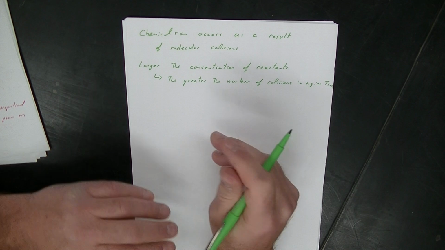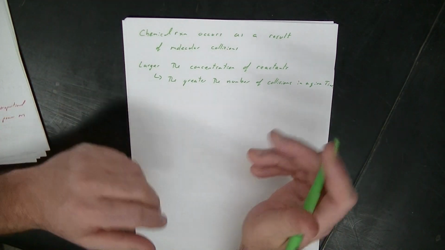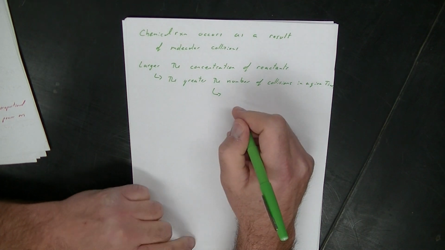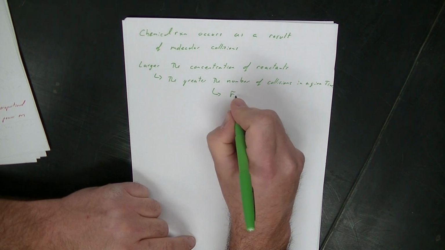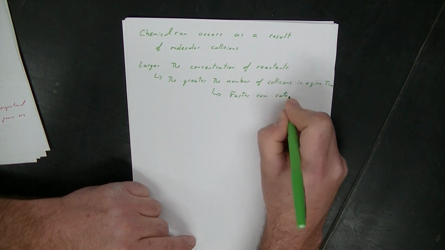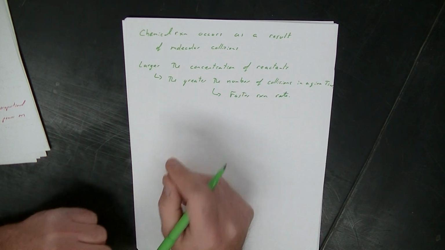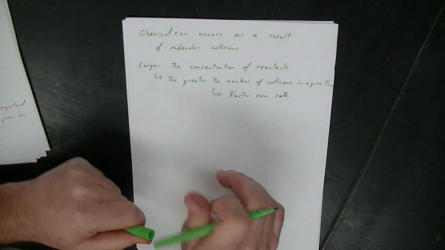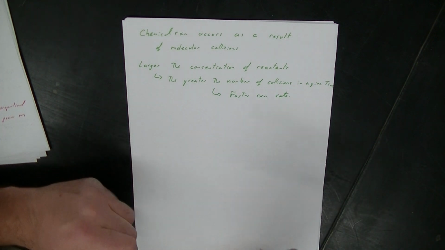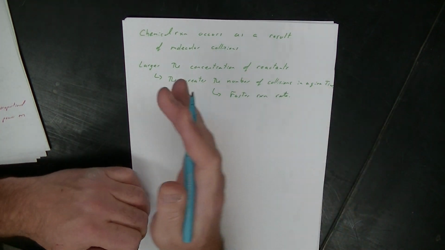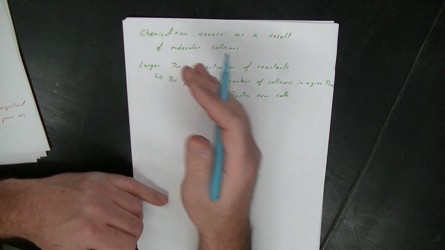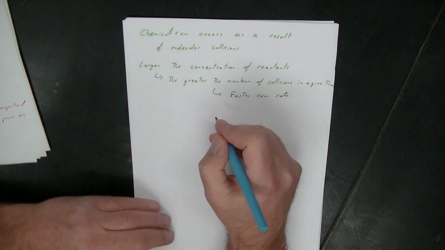Okay, so if we have a lot of stuff, there's going to be more collisions, and then if there are more collisions, okay, there's going to be a faster reaction rate. Now, usually, not always, but usually, as a reaction progresses, so from the time that we start till the time that we end, the reaction rate slows down.